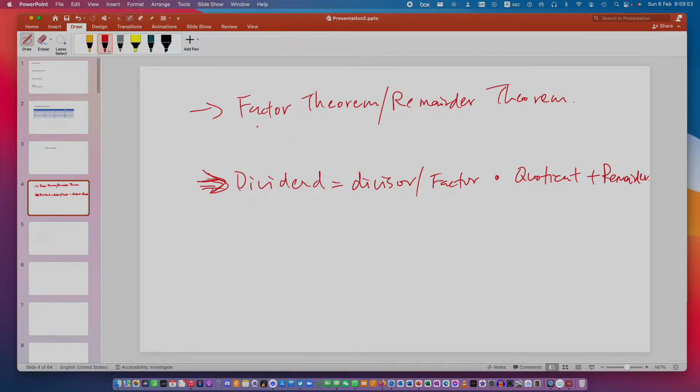We have not talked about factor theorem or remainder theorem, but actually this one is an explanation to the factor theorem and remainder theorem. You are taught factor theorem and remainder theorem in your school without being explained to you.